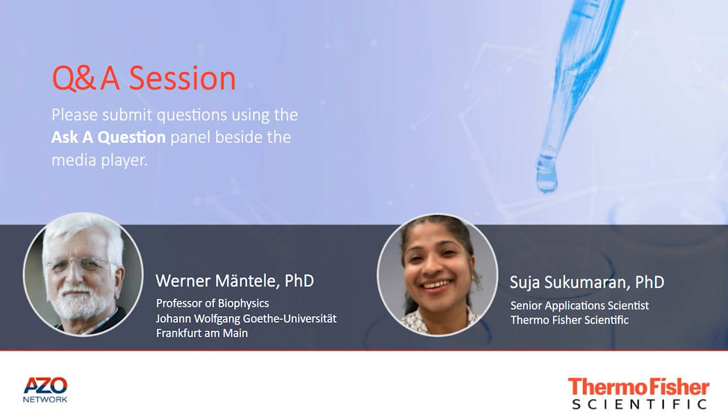So for the spectroscopy of proteins, you have to either go to the ATR techniques in liquids, as Suja Sukumaran has presented them, or you go to transmission cells with concentrated solutions, and you'll get results that correspond to the native protein as you find it in cells, for example.